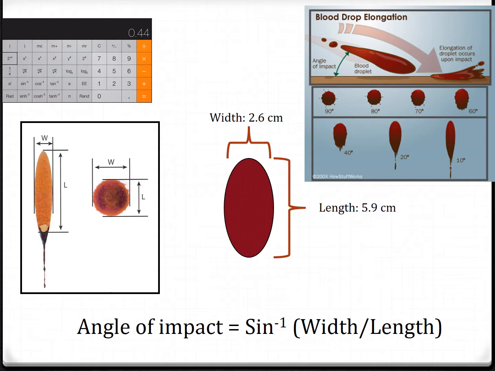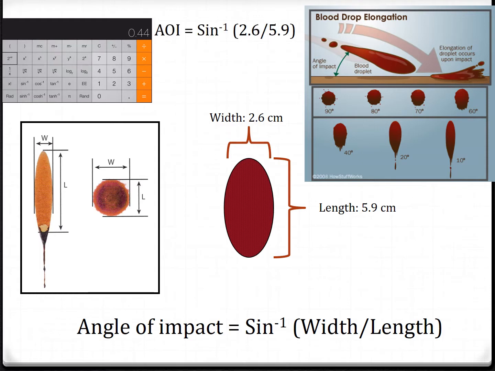Then I'm going to plug this into my formula, the inverse sine, the arcsine, times the width over length. Okay, so remember your order of operations here. You're going to do everything that is in the parentheses first. So let's say we've got our width over our length.